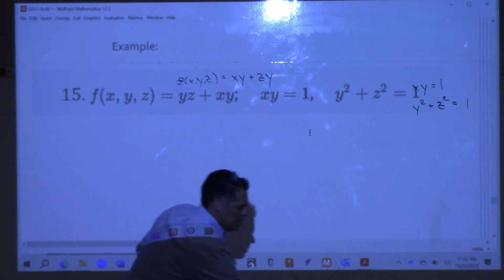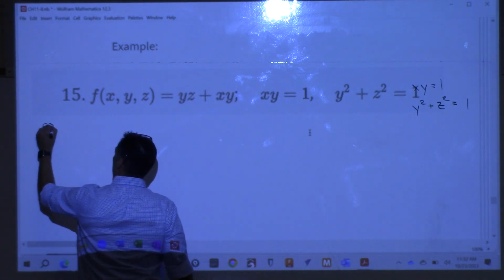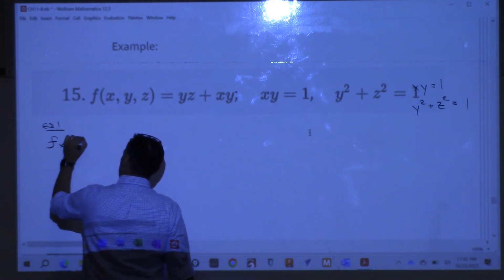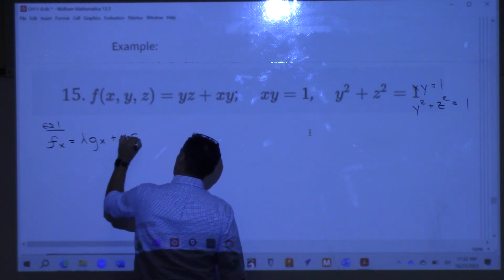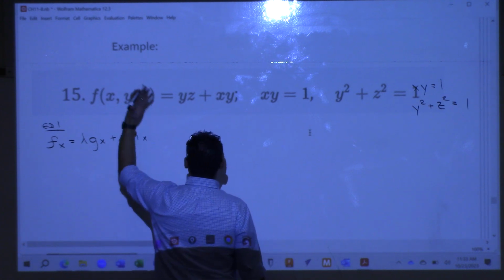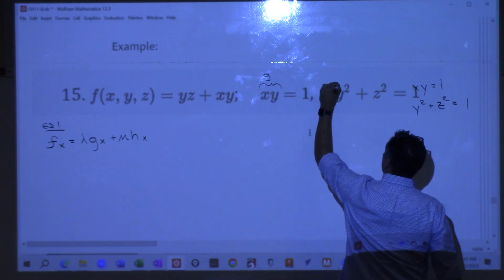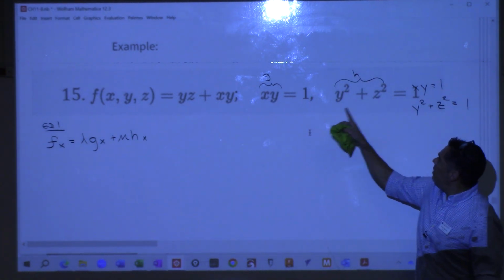Okay. So my first equation, equation 1, is going to be, I'm going to write it down, partial of f with respect to x equals lambda partial g with respect to x plus mu times partial of h with respect to x. Okay, so that's obviously what f is. Let's say that this is our g function, and this right here is our h function. So g is a constant, h is a constant.